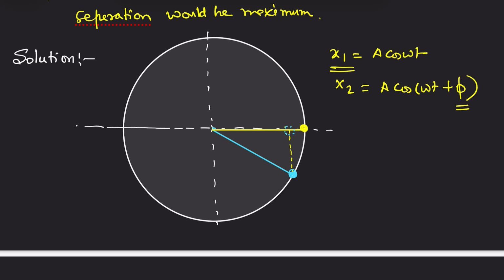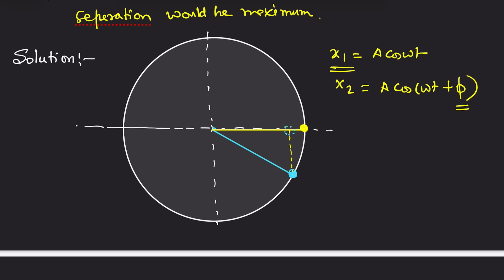So if you see, this is the position of these two particles right now, guys. If I want the separation between them, what would be the separation and how it could be maximum, I'm going to show you something, guys.